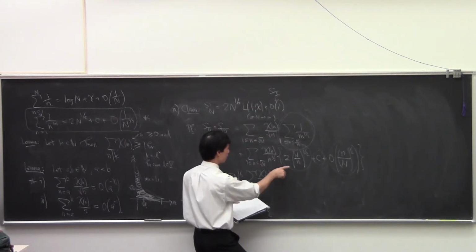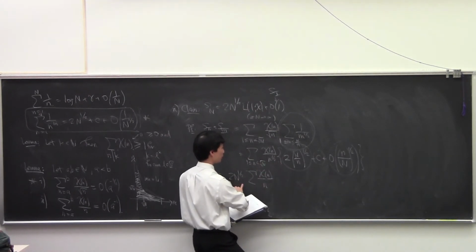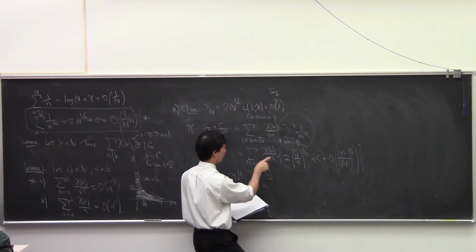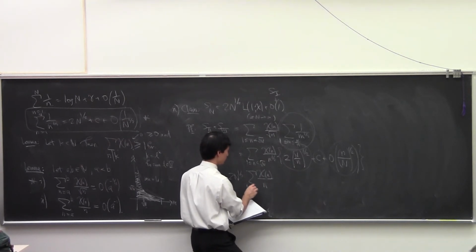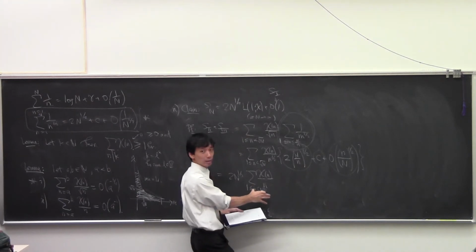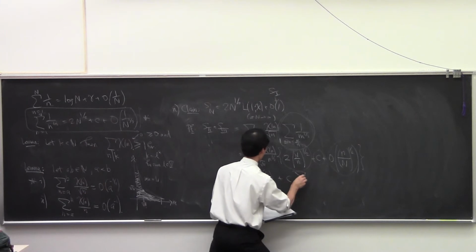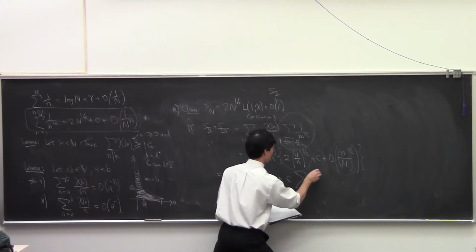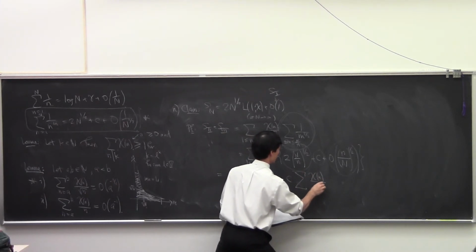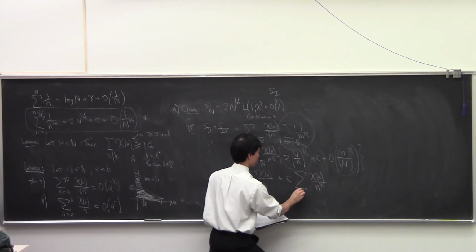In the first sum, we get 2 capital N to the half times the summation. And then we get a constant times this thing, n to the half now.